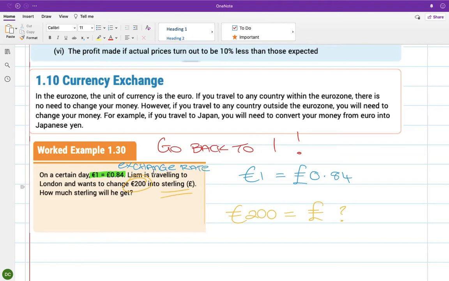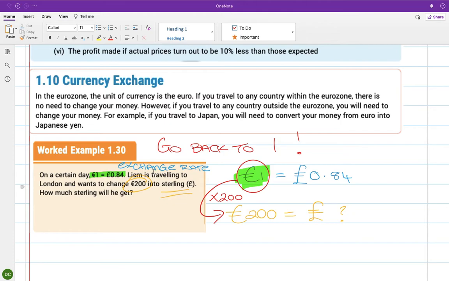Some of them are a bit easier than others. This one's actually not too difficult because we have already gone back to 1, because the question says €1 is 84 pence sterling. So if I want to go from €1 to 200 euro, what do I have to do? That is multiply by 200.